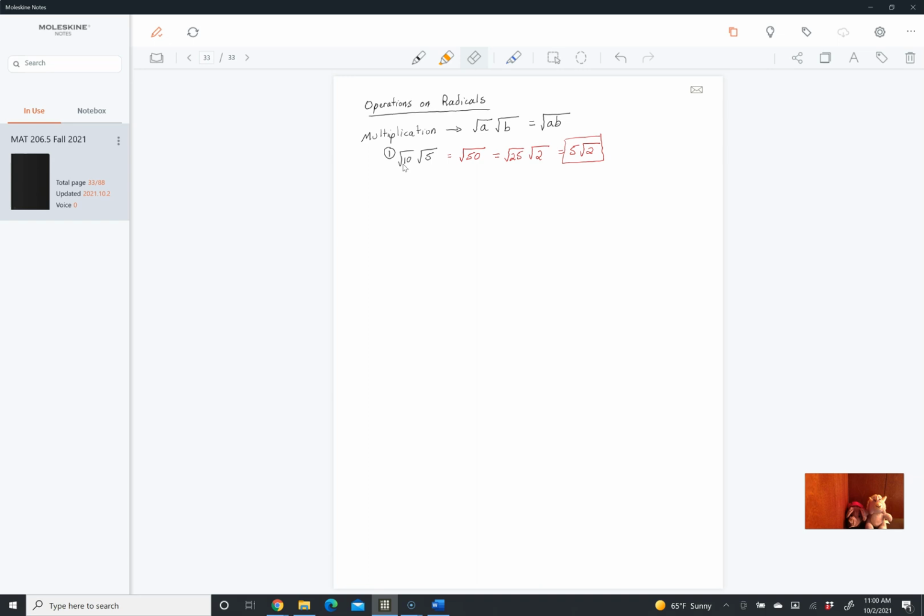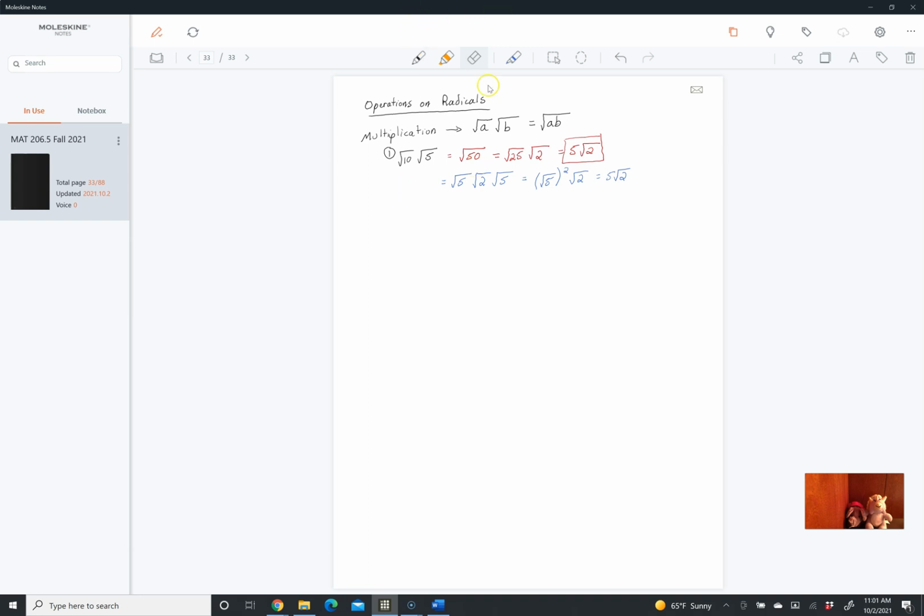So we can say that this is the same thing as square root of 5 times the square root of 2 times the square root of 5, which is really just, we have 2 square roots of 5s. And the square root of 5 squared is just 5, right?